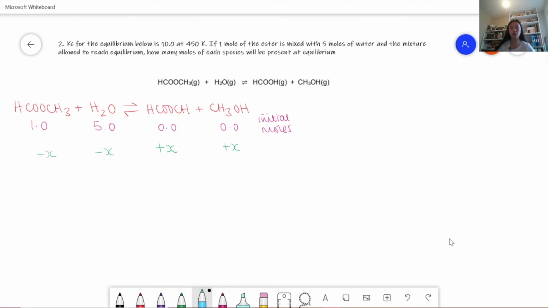And so we can write out expressions for the equilibrium moles. So we have 1 minus X and 5 minus X, X and X, and these are the equilibrium moles. Now we use the Kc equation to find out what X is.